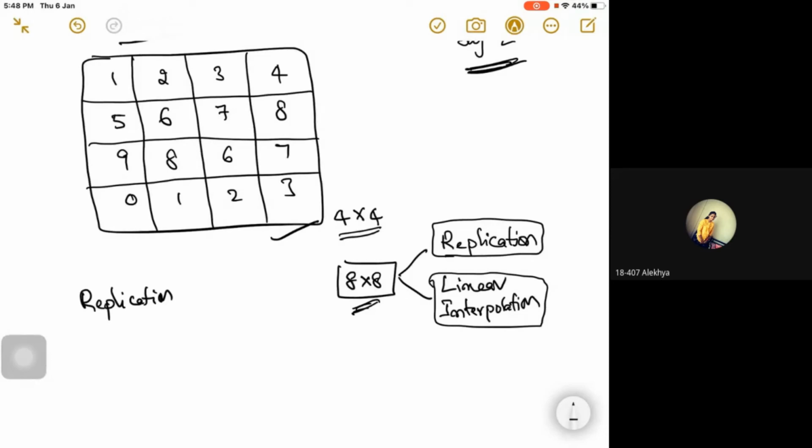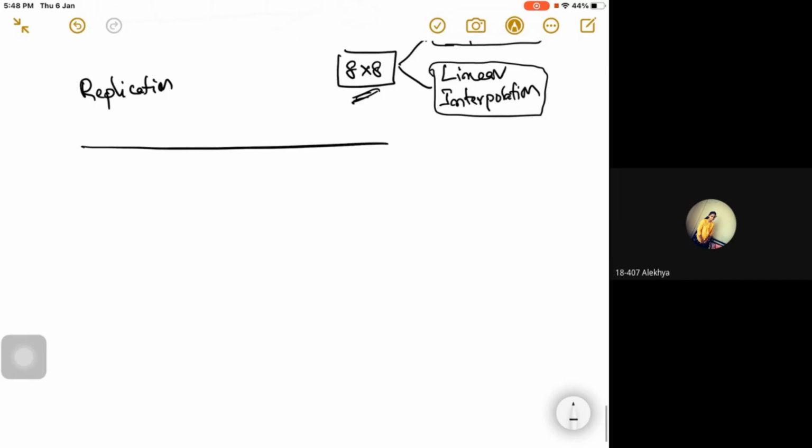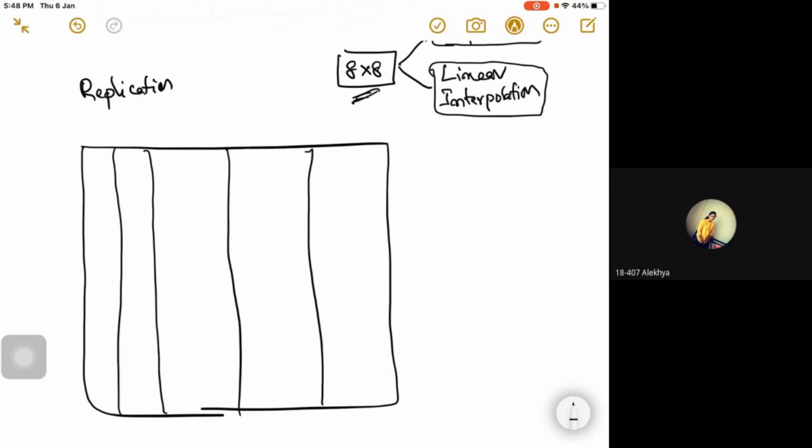First, let us take the matrix of 8 by 8. I think you are also drawing along with me. Let me take equal size, that's 4, totally 8 now.